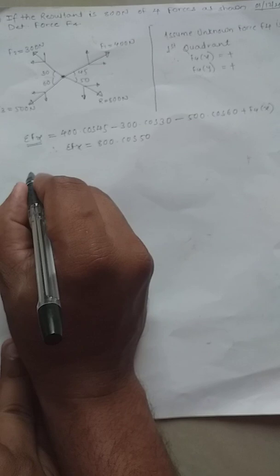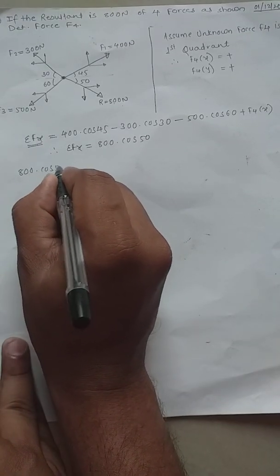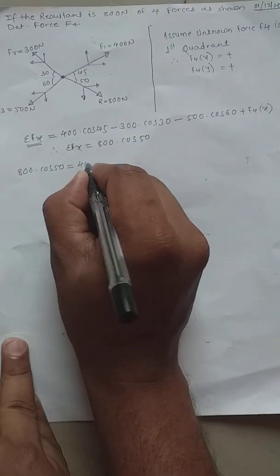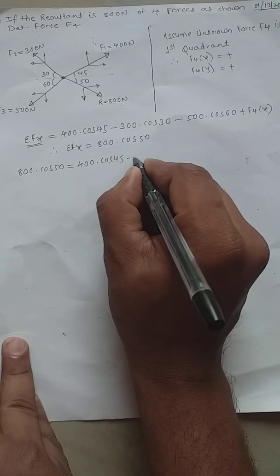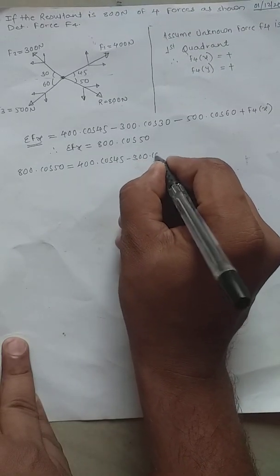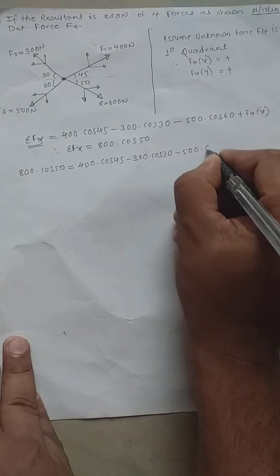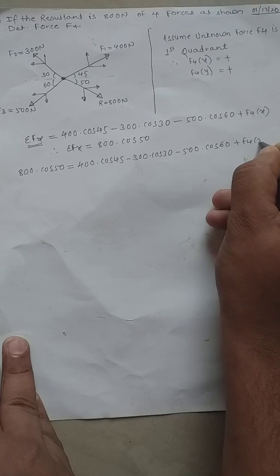Hence, by solving the above equation, 800 cos 50 is equal to 400 cos 45 minus 300 cos 30 minus 500 cos 60 plus F4x.